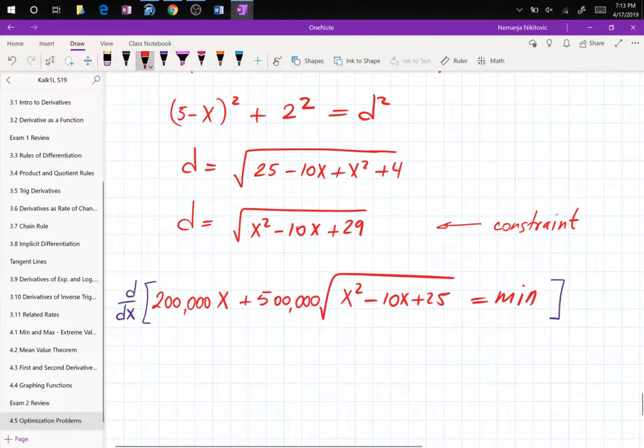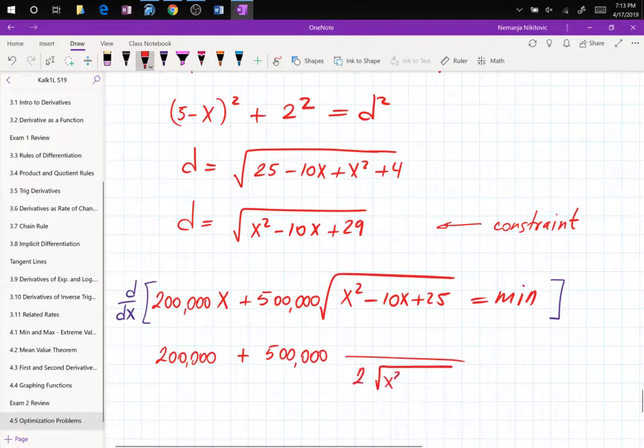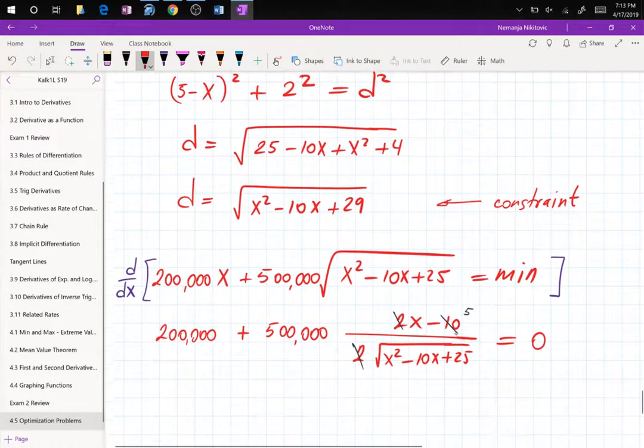And now the derivative of 200,000 x is 200,000 plus, and I'm using the same trick as earlier, 2 times the square root as is, and the derivative of the argument goes on top, which is 2x minus 10, and I can cancel the 2, and it's just going to be a 5 there. Oh, by the way, this is equal to 0, right? Derivative of minimum is 0.